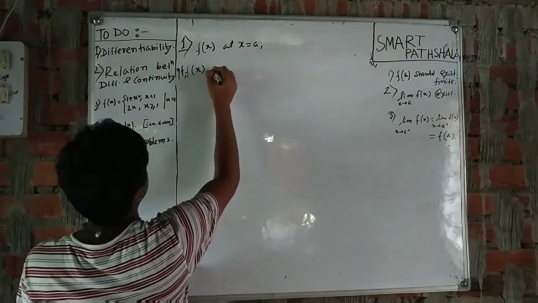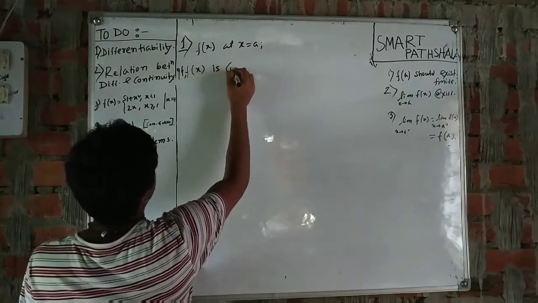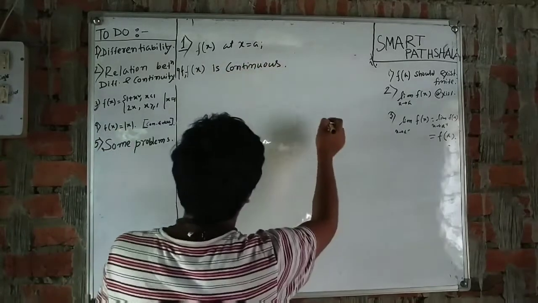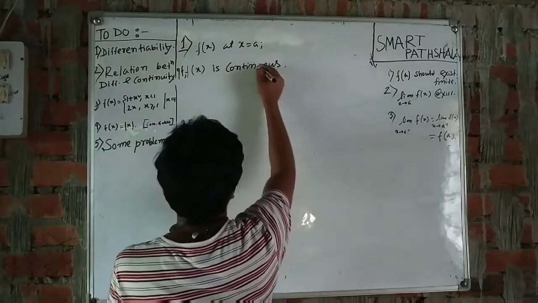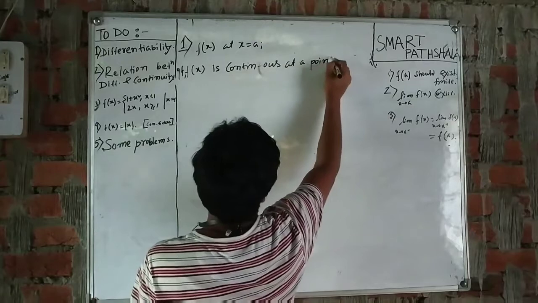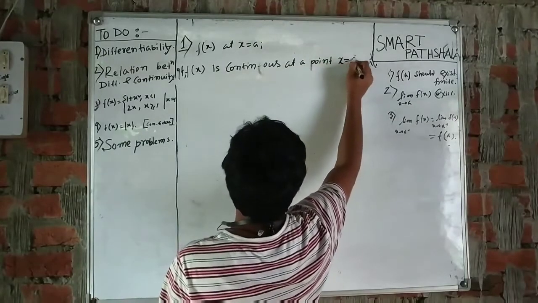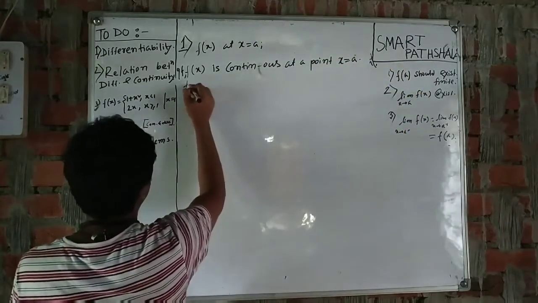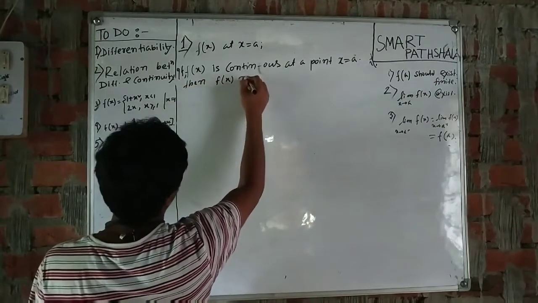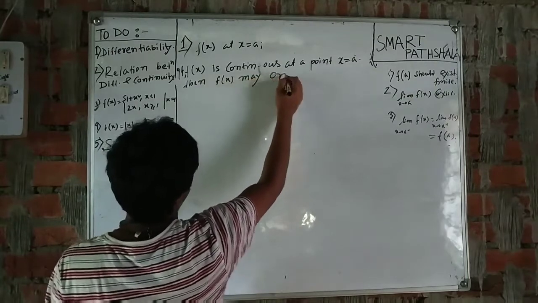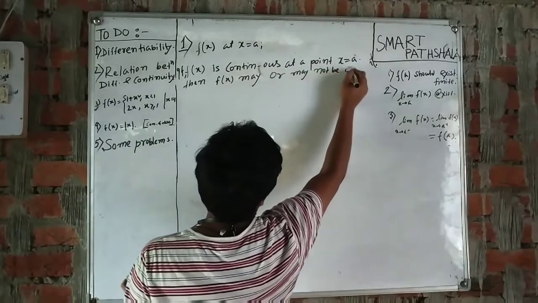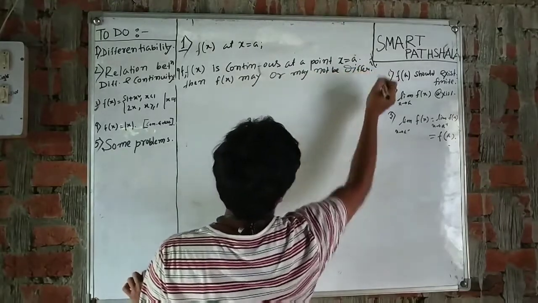If f of x is continuous at a point x is equal to a, then f of x may or may not be differentiable.